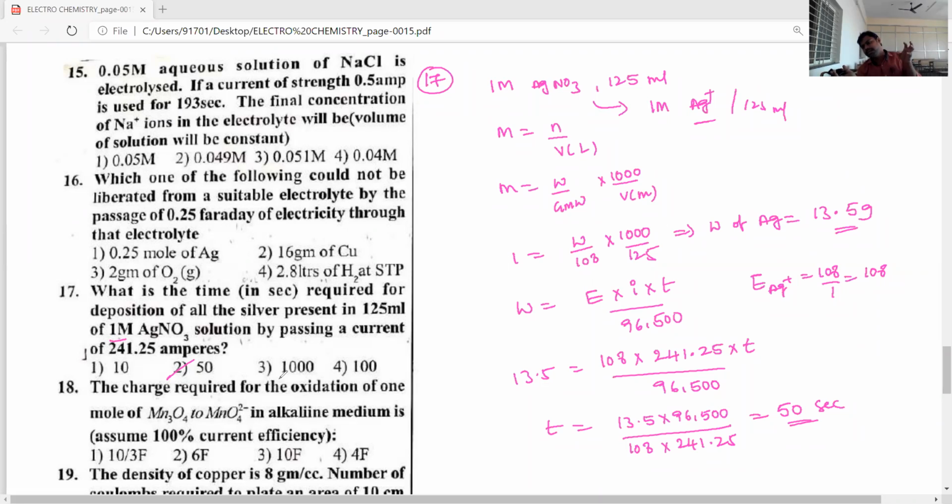If we pass 241.25 amperes current for 50 seconds through 1 molar silver nitrate solution of volume 125 ml, then immediately 13.5 grams of silver will be deposited at the cathode. Okay students, let's go for the next question.